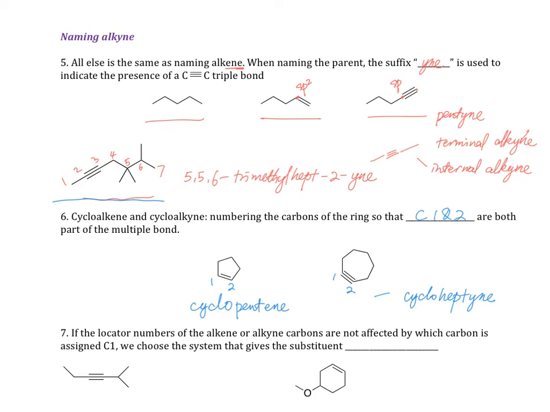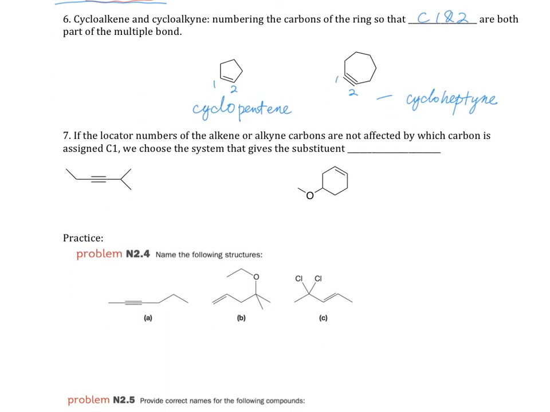Okay, now what if the locator number for the multiple bond is not affected by which direction you number the chain? Which direction should I go from? Like in this case, on the left side, either direction of the backbone will give the triple bond a locator of 3.